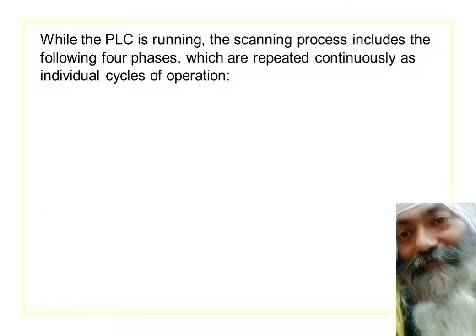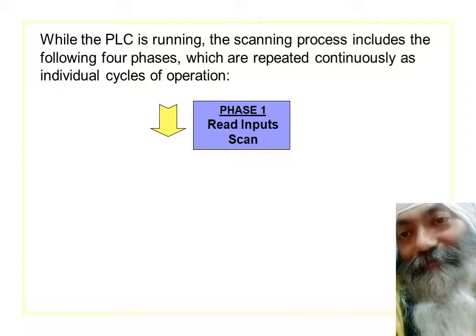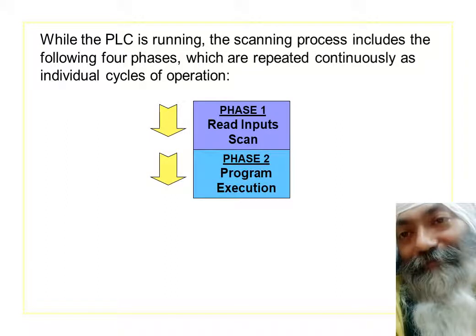Friends, when this PLC is running, the scanning process includes four phases, and these four phases will be discussed one by one. The first phase is that we read the input scan. The second phase is that as per the scanned inputs, we execute the program.